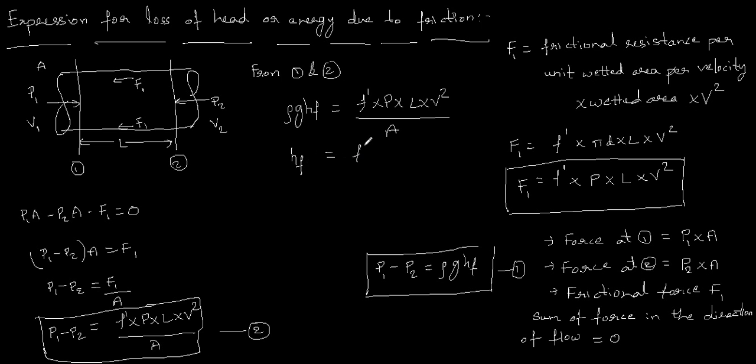That is, I want to write it as f dash by rho g into P by A into L into V square. Okay, this is an expression for the loss of head due to friction.